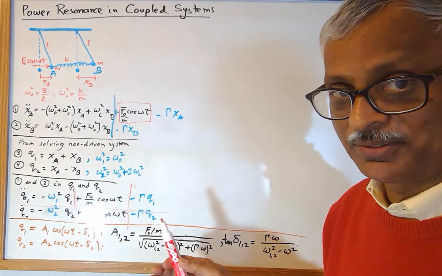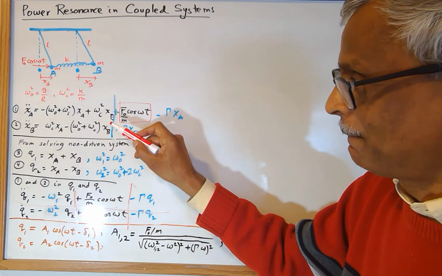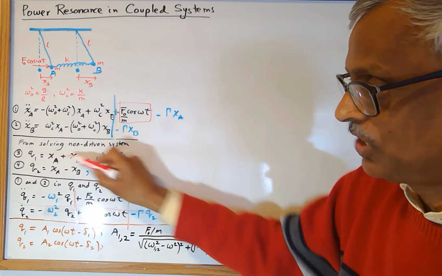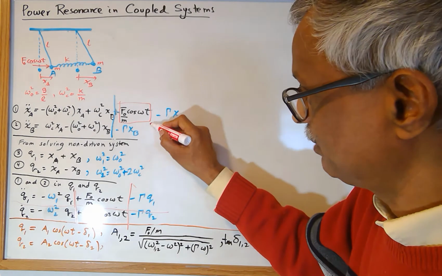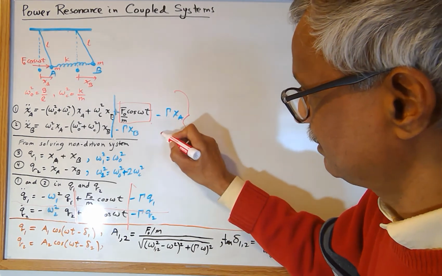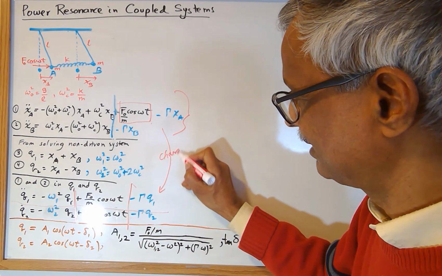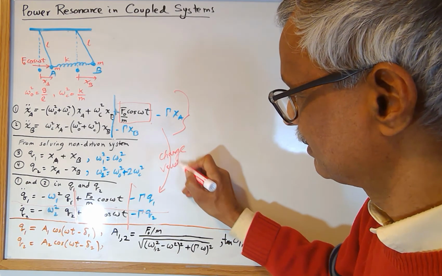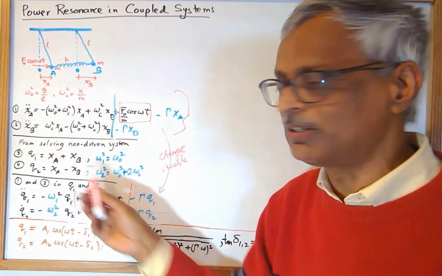You can appreciate that I can't solve that problem directly, but instead I'm going to change variables. The normal mode technique that we learned tells me what variables to change to.